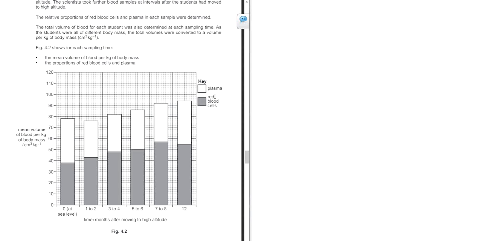And the x-axis, the time in months after moving to high altitude.